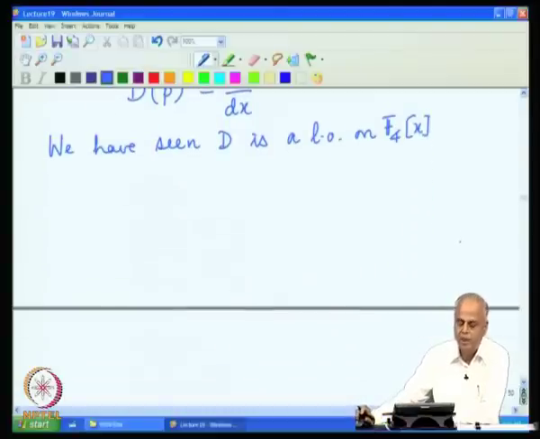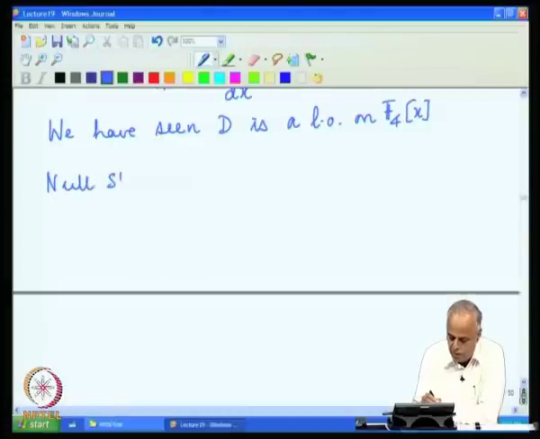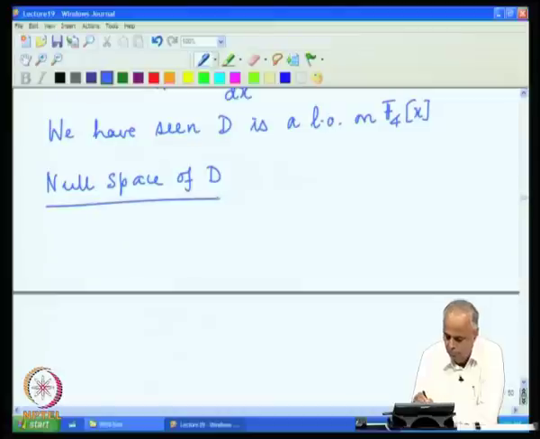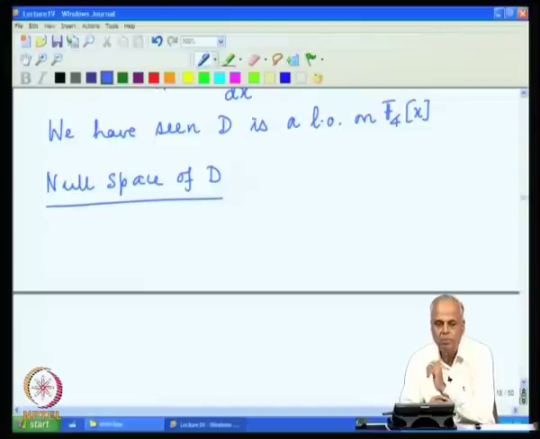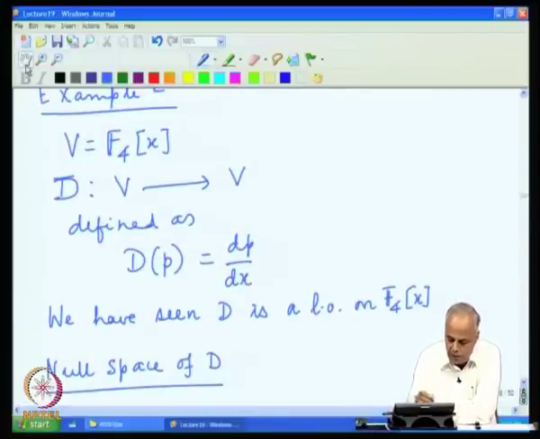So, let us find the null space and the range of this operator. So, let us find the null space of D. So, we want to find those vectors in V which get mapped to the 0 vector under the transformation D. Now, vectors are all polynomials because our vector space is the space of all polynomials.